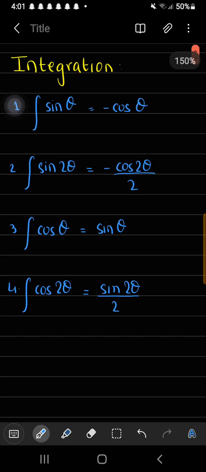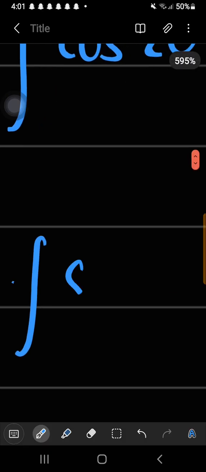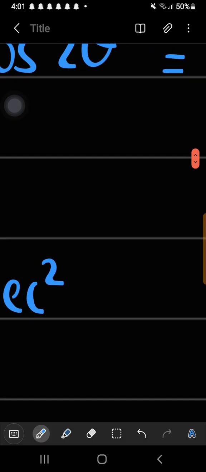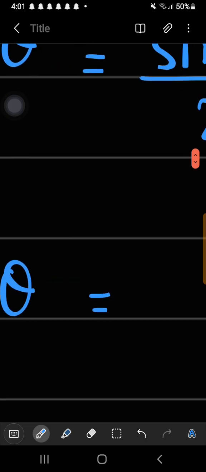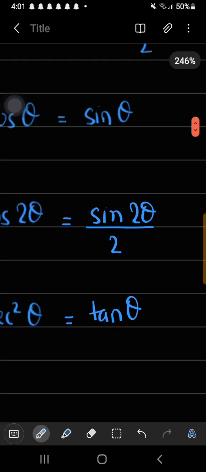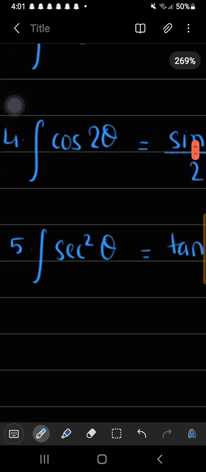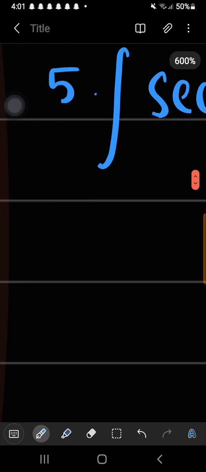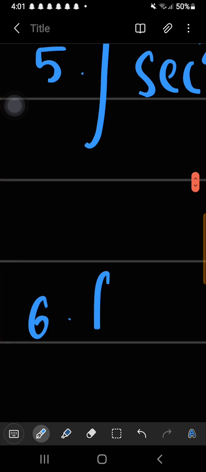Then if we move ahead, there are some more properties, like fifth is for integration of sec square theta is tan theta, and for cosec square theta is negative cot theta, which I am going to write here.